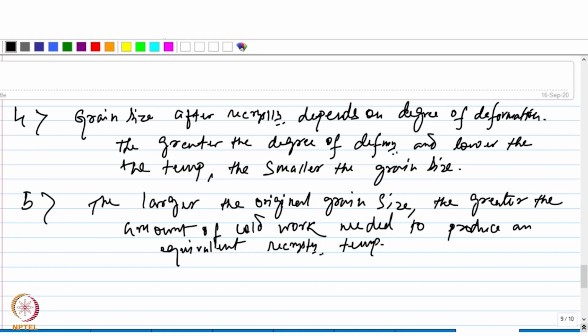Right? The larger the original grain size, the greater the amount of cold work needed to produce an equivalent recrystallization temperature. The recrystallization temperature decreases with increasing purity of the metal.